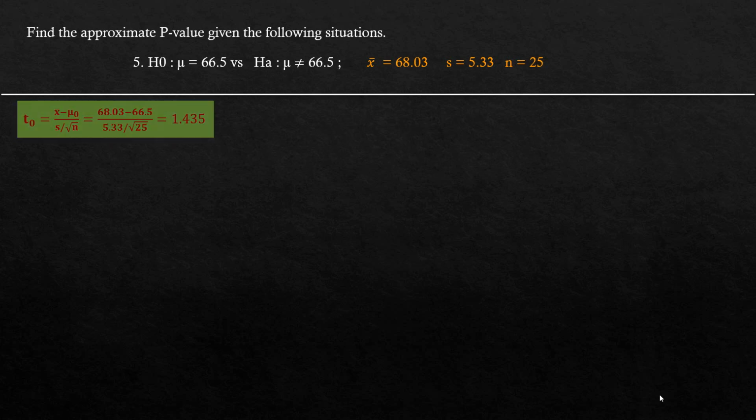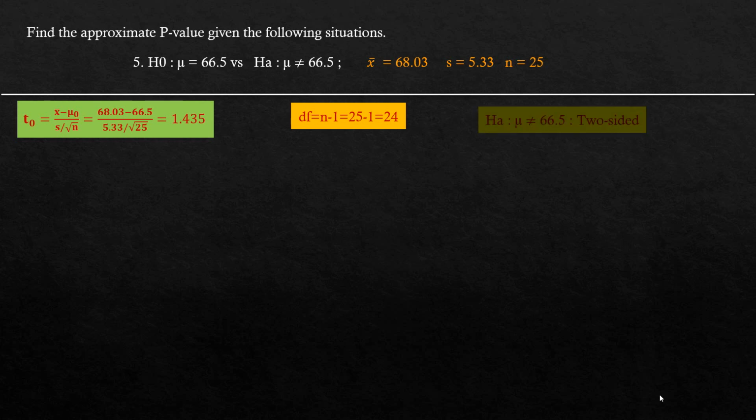So we know all the information, so we can calculate it. It is 1.435. Once we have that, find the degrees of freedom. It is 24. Then what is the alternative hypothesis? It is mu not equal 66.5, which is a two-sided test.